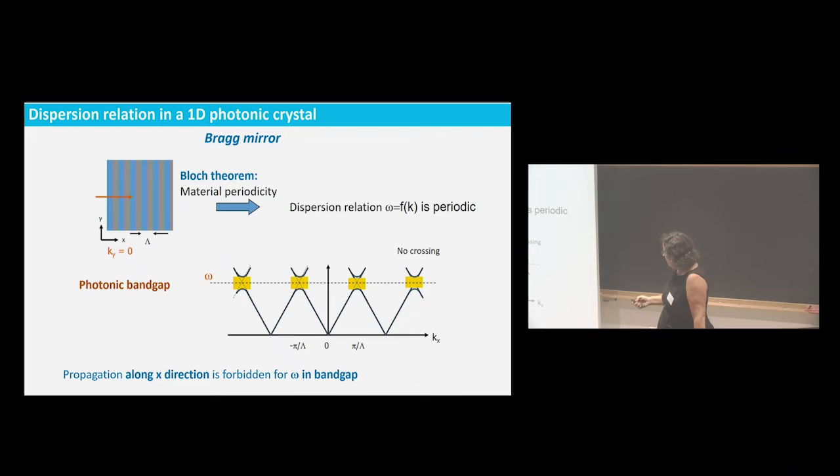In fact, that means that for this range of wavelengths, you have no possibility of finding a k vector. If I want to propagate along the k vector and enter the material at that wavelength, at omega 0, there is no possibility. I cannot find a k vector. So the propagation inside the material is forbidden for this k vector.